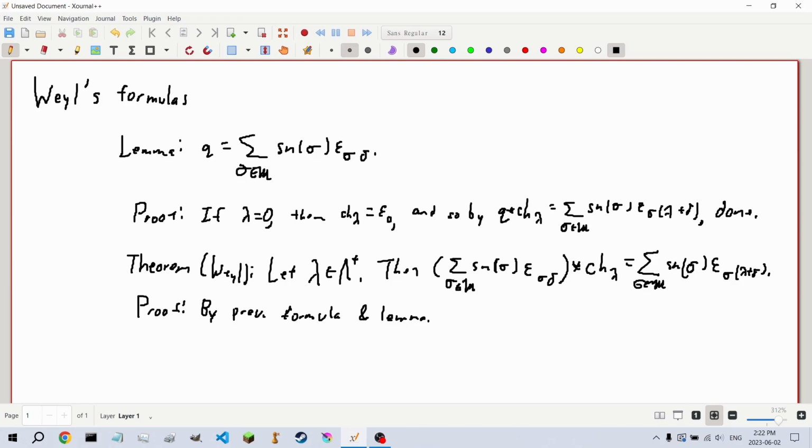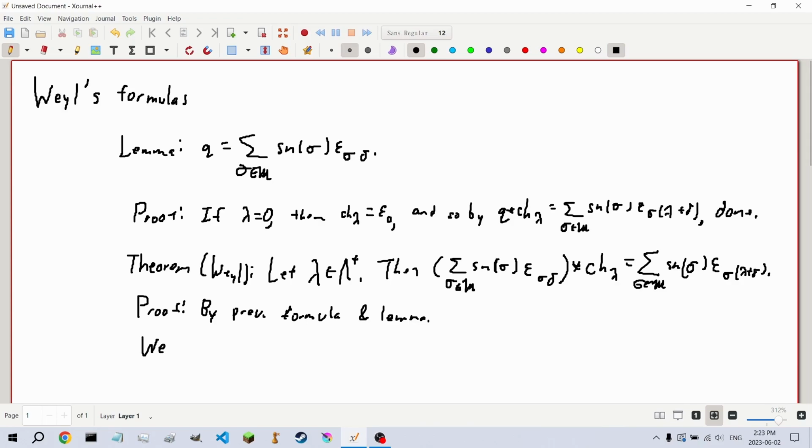And so this says that we can calculate the formal character of lambda as a quotient of two simple alternating sums in Z lambda. But it's usually not as fast as Freudenthal's method. But we can get from this formula a very useful formula for the dimension of V lambda.